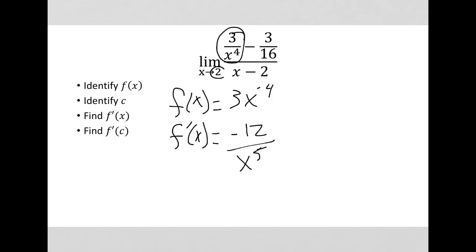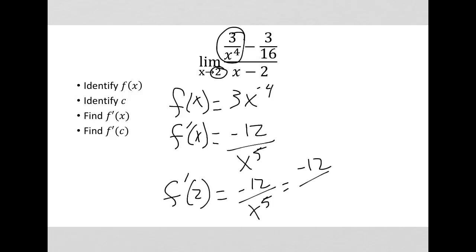If we then plug in the c value, we will get our derivative at that point, at the x value of 2, negative 12 over x to the fifth gives me negative 12 over 32, which gives me negative 6 over 16, which gives me negative 3 over 8. Simplify.